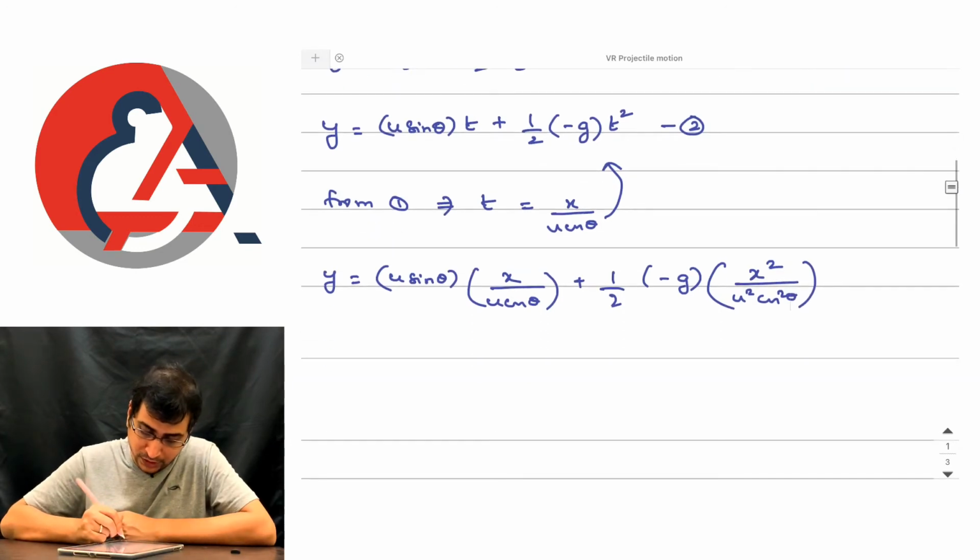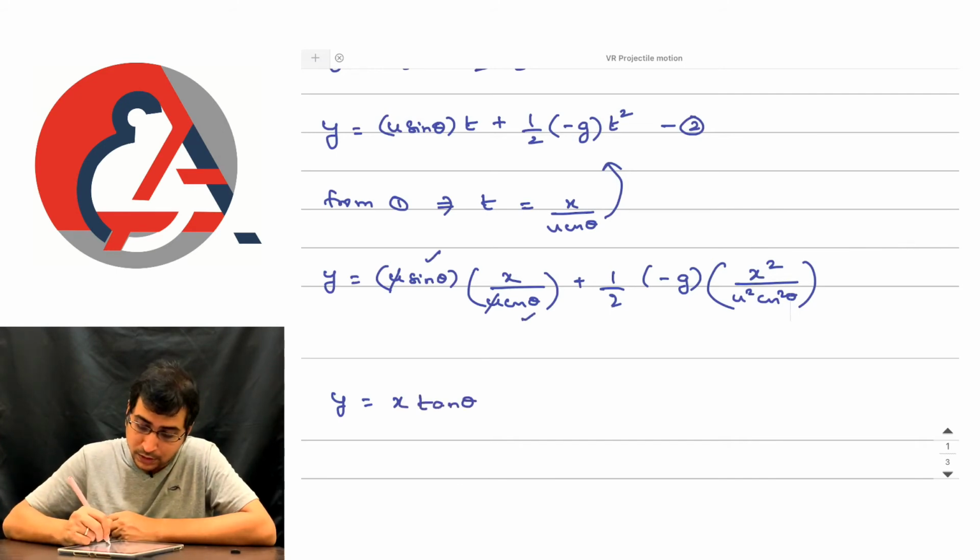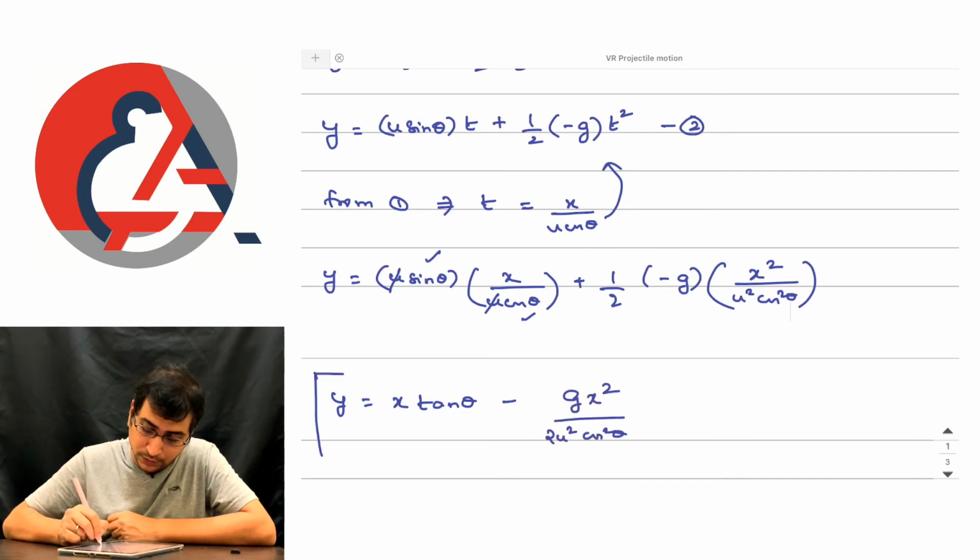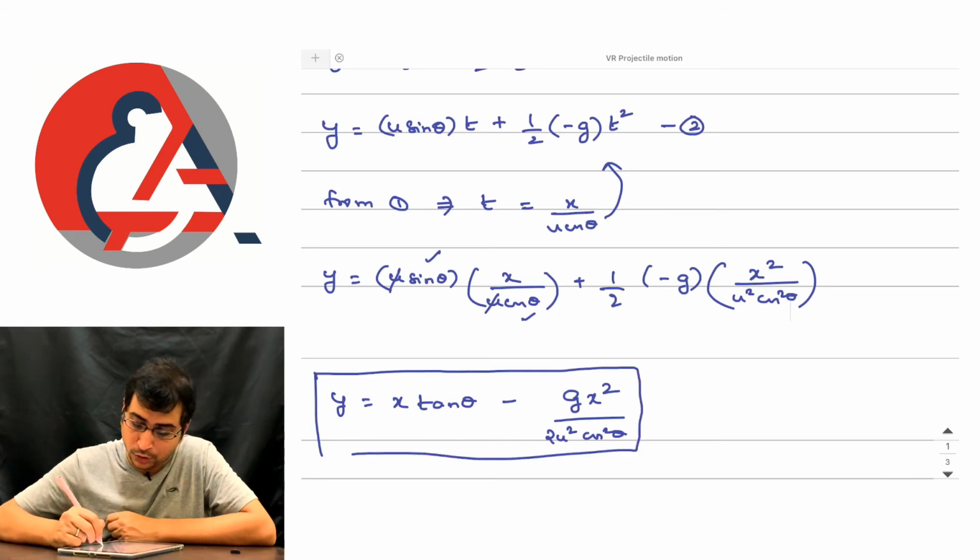So we get y = x into sin theta divided by cos theta, the u cancels, which is going to be tan theta, minus g x square divided by 2u square cos square theta. So if you observe, this is the required equation of projectile.